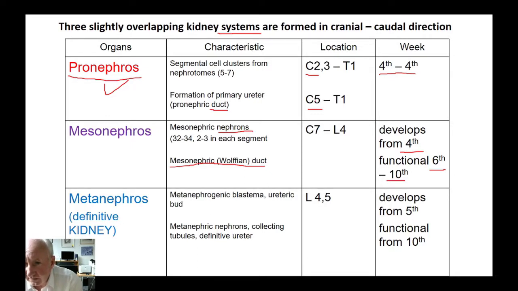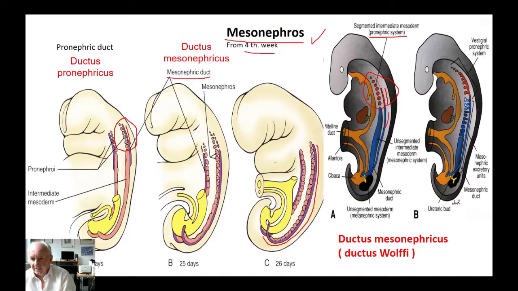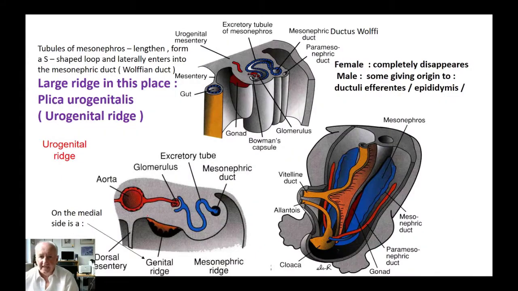You see that we are not so cranially anymore. We are coming to the segment L4. And now you see the tubules of mesonephros. They are prolonging. Even you see here a simple glomerulus.